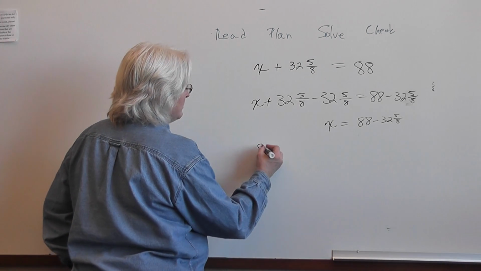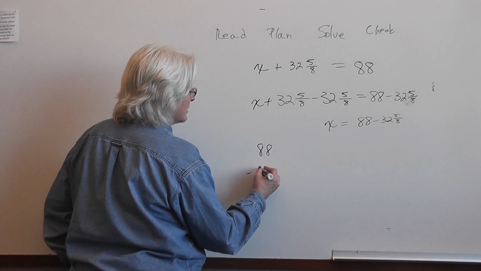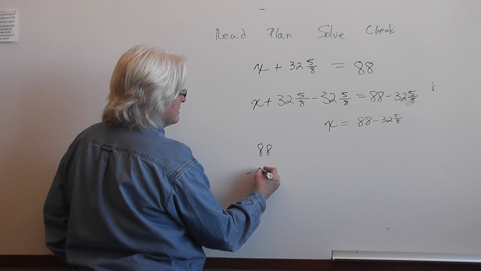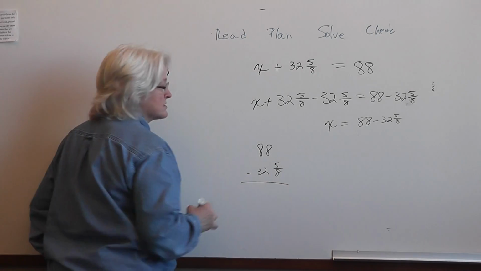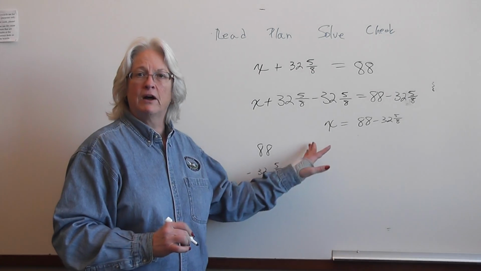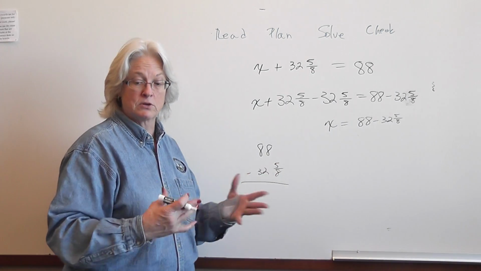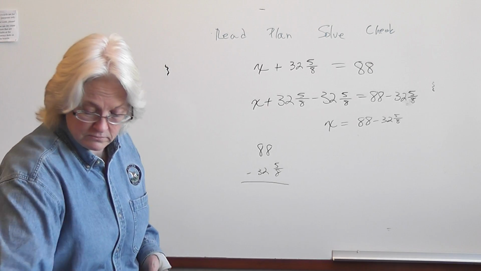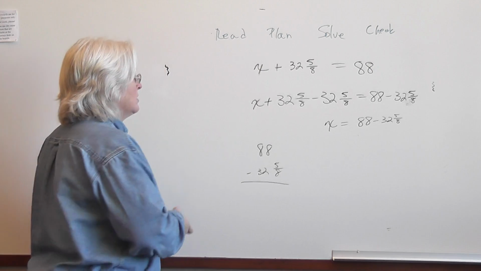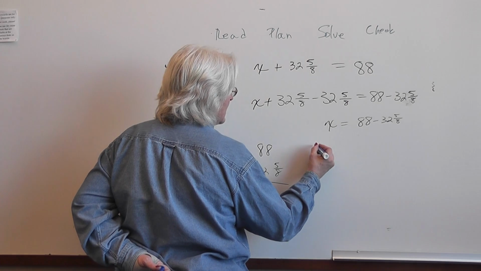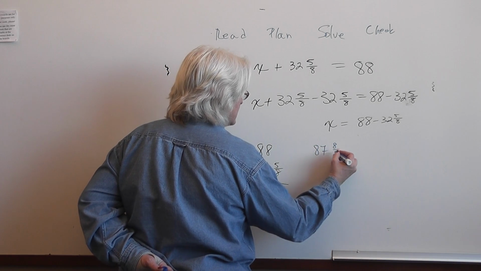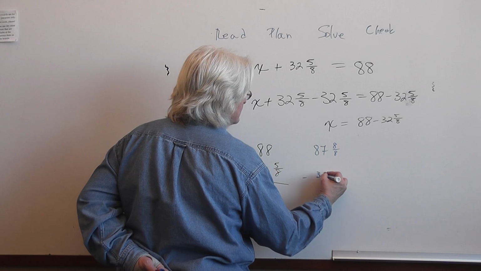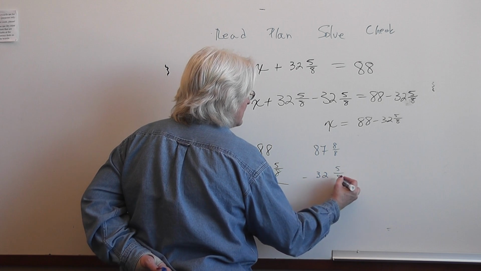Now all you do is do your subtraction of the fractions. You'll remember that if you wanted to subtract this vertically, 88 minus 32 5/8, you can't subtract 5/8 from 0, can you? So what would you want to do? That's right. You would want to rename 88 as 87 8/8 minus 32 5/8.